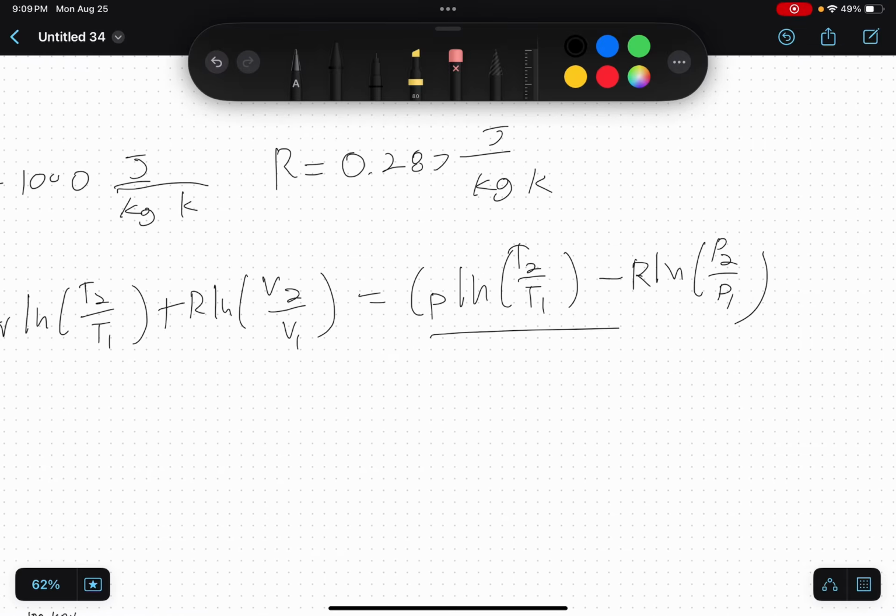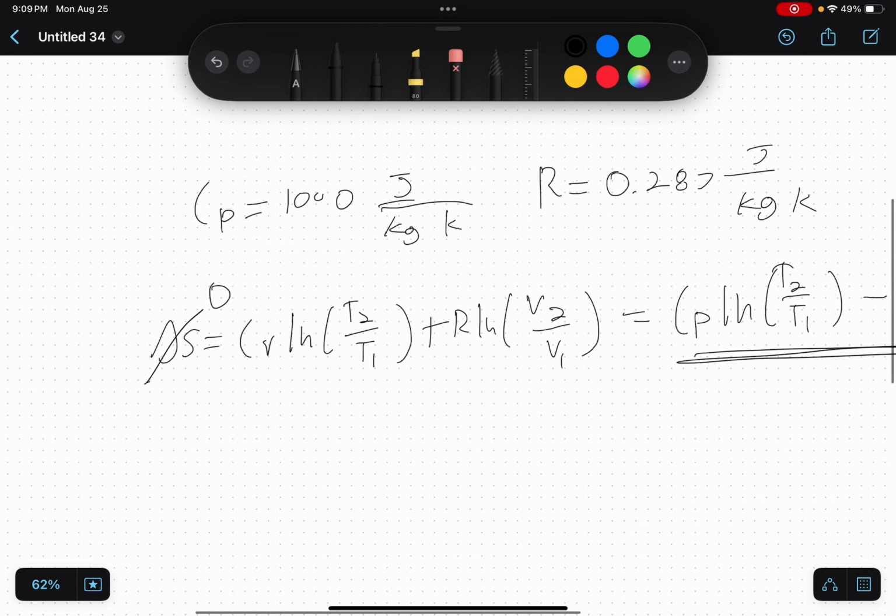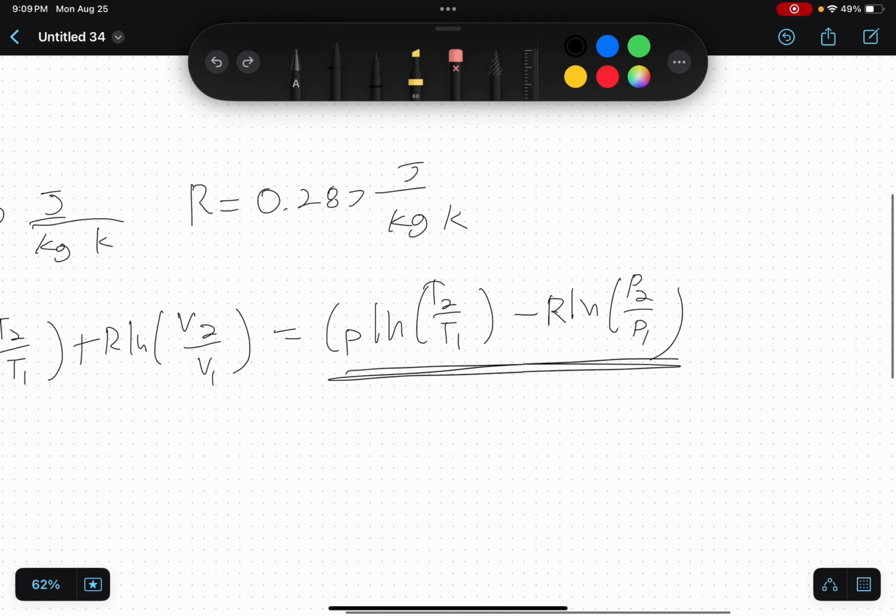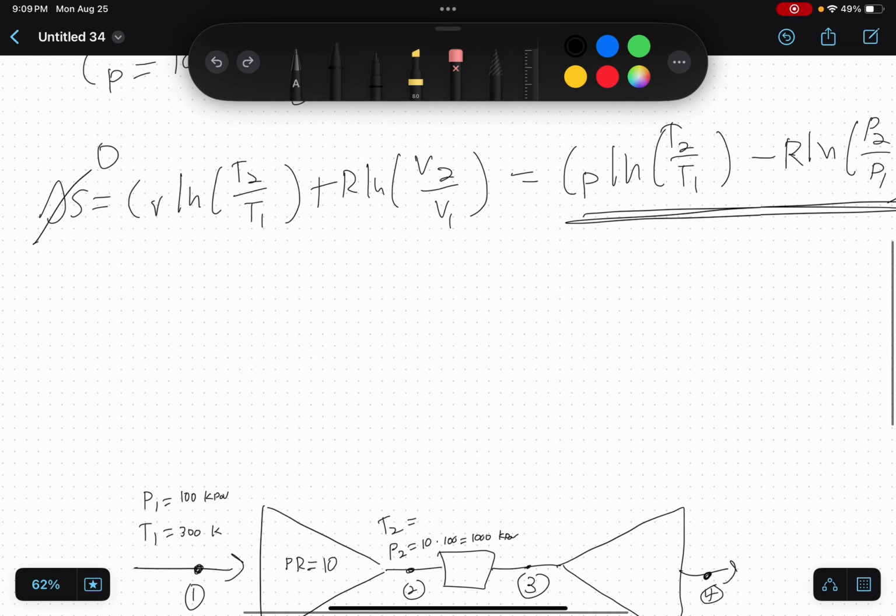We're dealing with pressures and temperatures, so we're going to use the second equation. Technically, a compressor also compresses from a volume perspective, so you could use the other equation, but I've never used it, so I'm just going to stick with the pressure one.